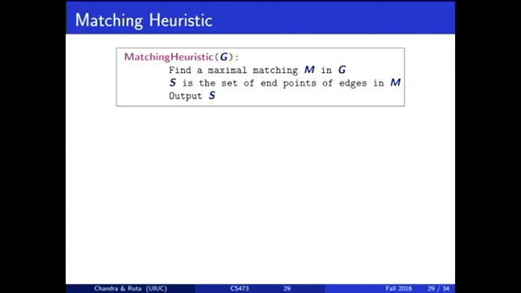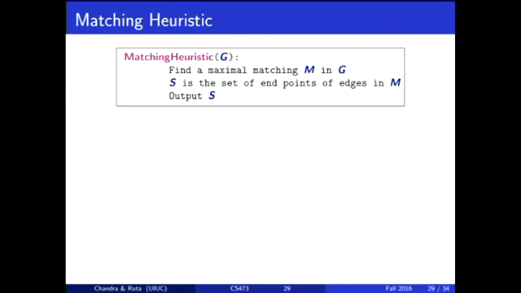It's an arbitrary maximal matching. It may be very far from the optimum matching. Then my solution is to take all the endpoints of these edges. Both endpoints, not one, both endpoints. Simple, polynomial time algorithm.